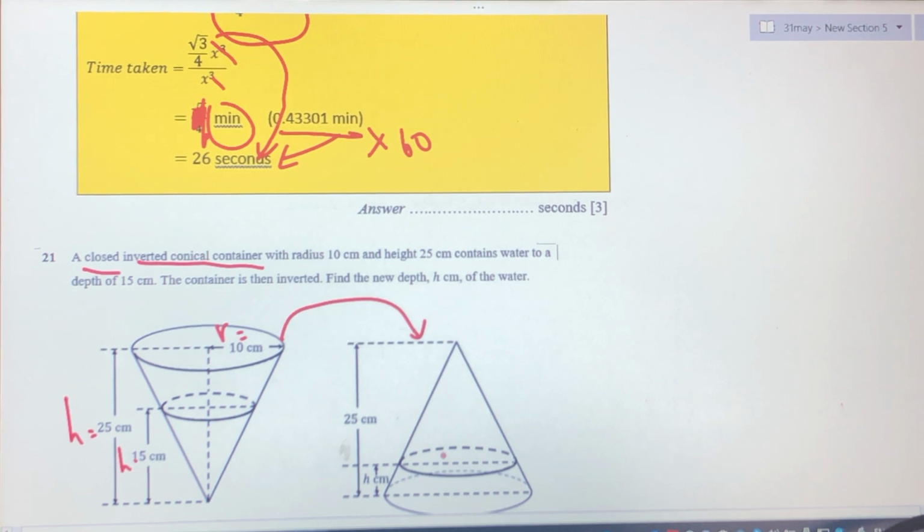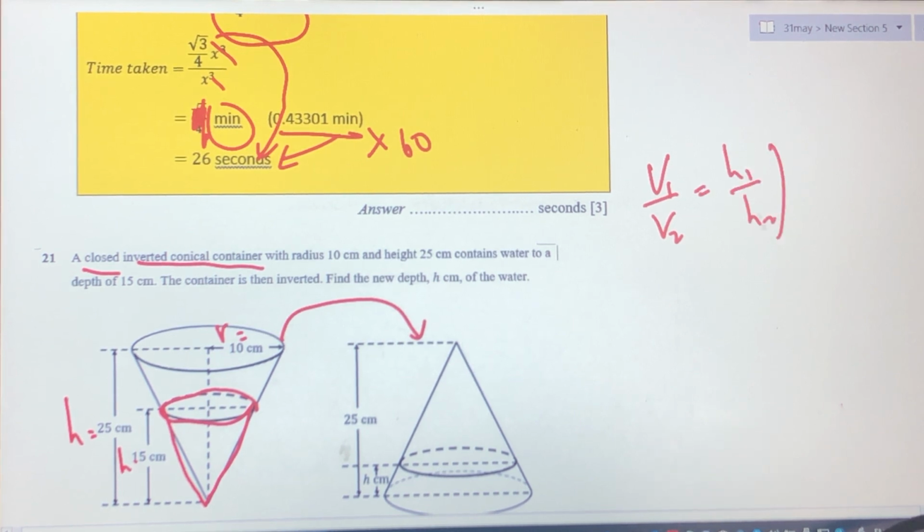But before we come here, we have to settle everything here because this amount of water is similar to this container. So we work with this using the volume formula V1 over V2 equals L1 over L2 cubed. Just now the one cannot, but this one can, because they are similar.